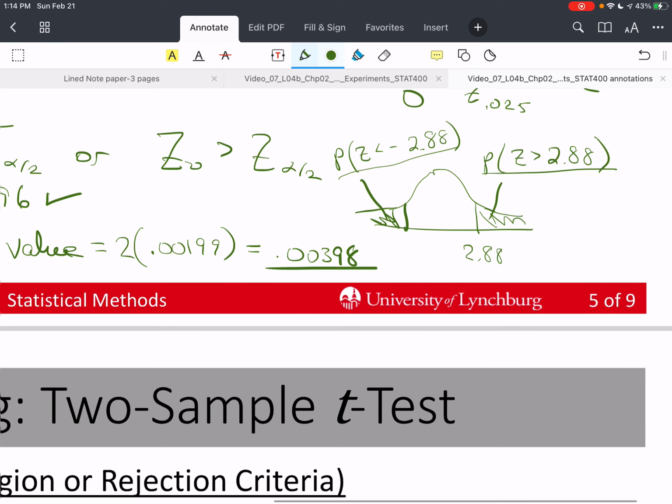Yes, just wanted to make sure. So that's our p-value, much less than alpha of 0.05, so we would definitely reject the null hypothesis.